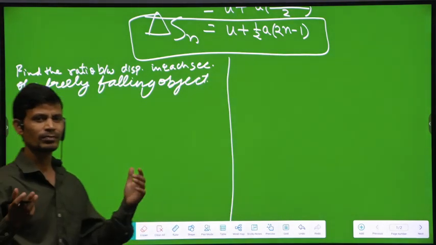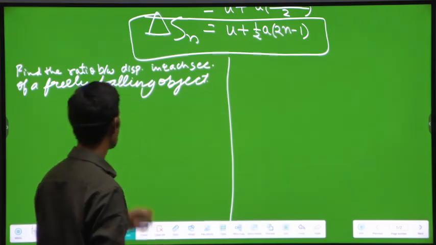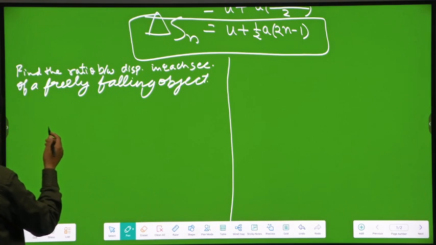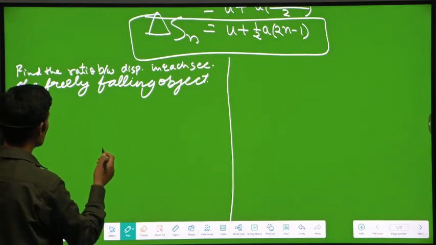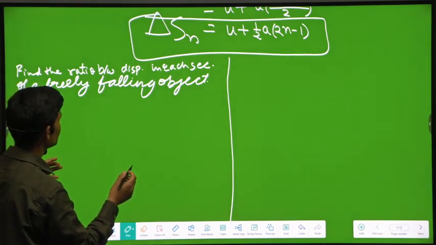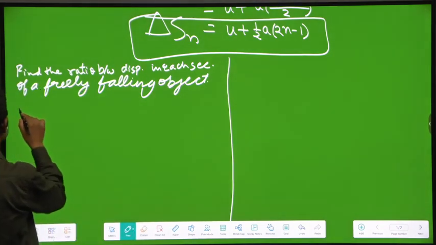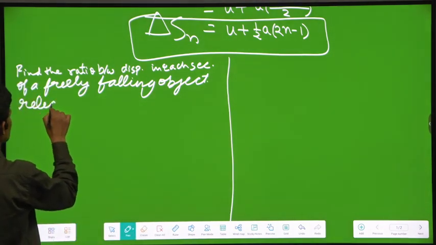So let us suppose a body is freely falling, then what will happen? Okay, if it is a freely falling object released from rest.